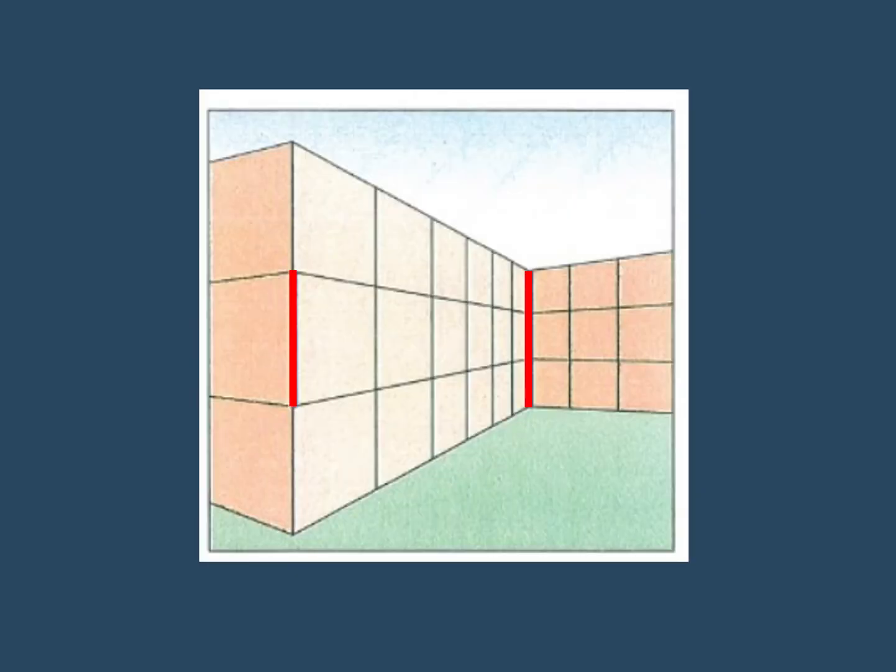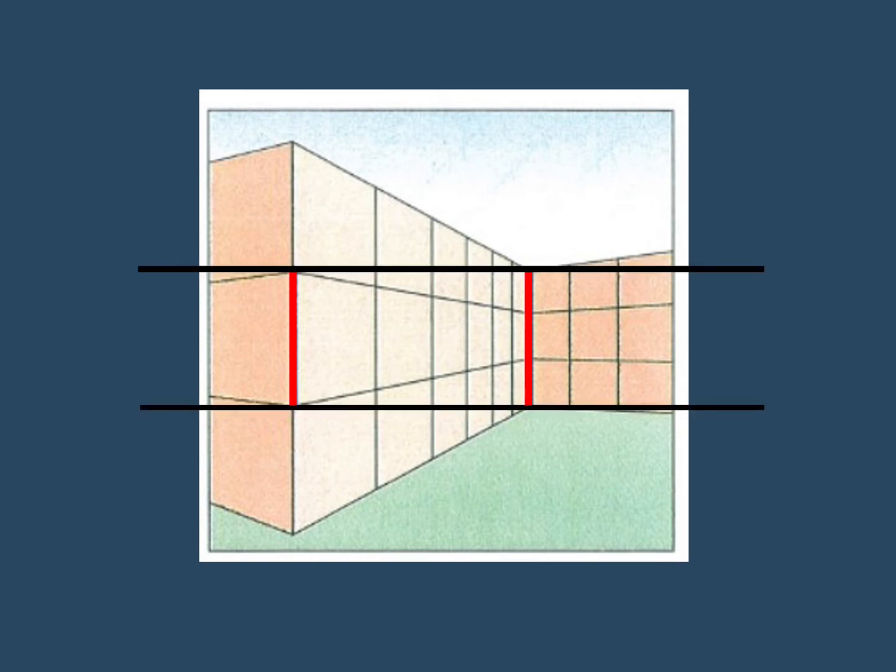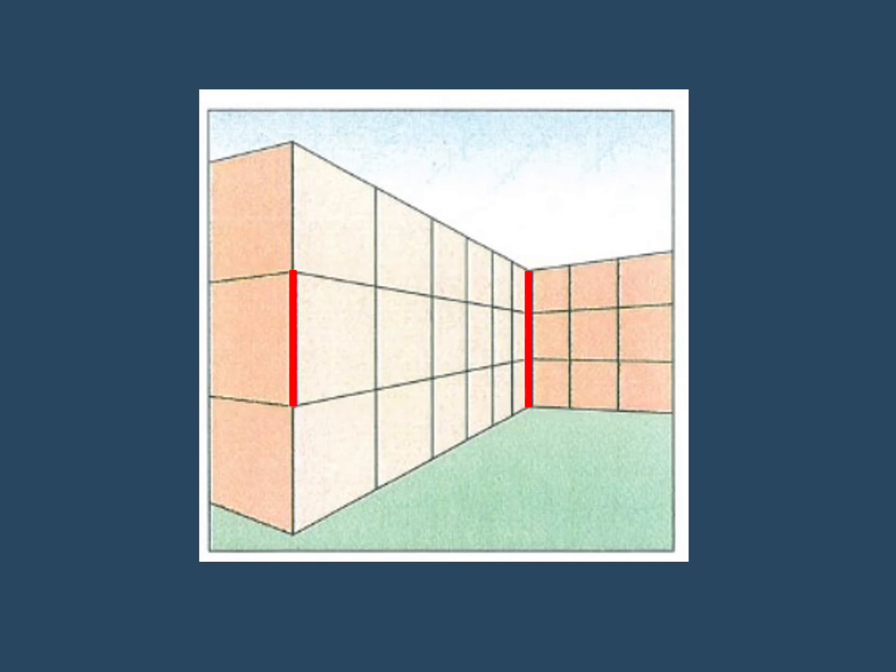If we look at these 2 red lines, it might appear to you that the one on the right is taller than the one on the left, but they're exactly the same. So we do this, you can see they're the same height, same thickness, same everything. So why do they look so different? Well, they look different not because our eyes are deceived, but rather because our eyes are telling us the truth.